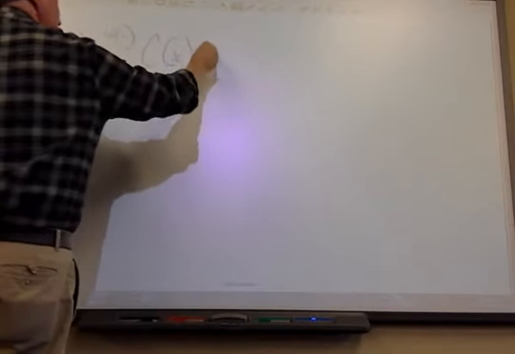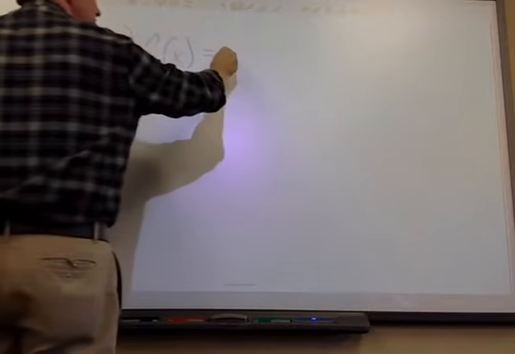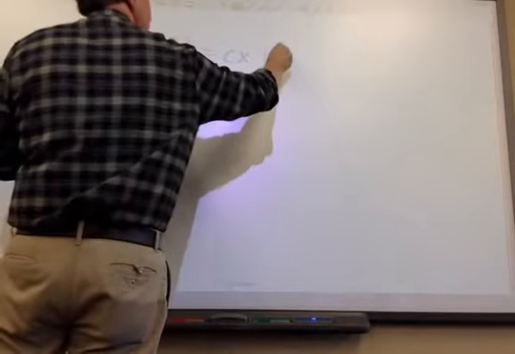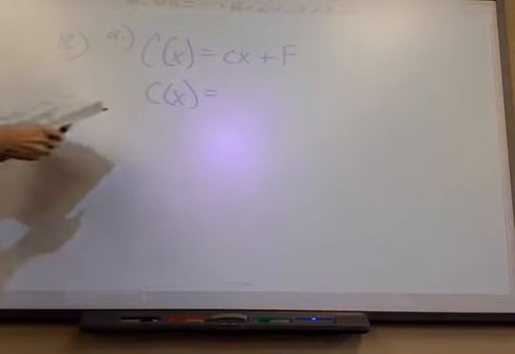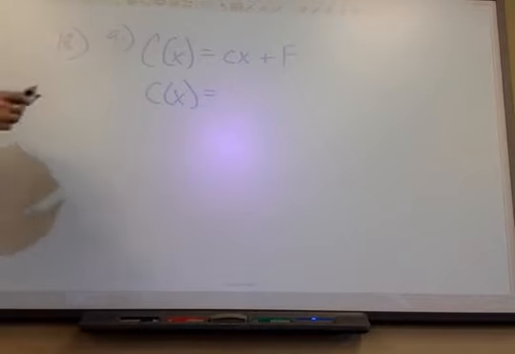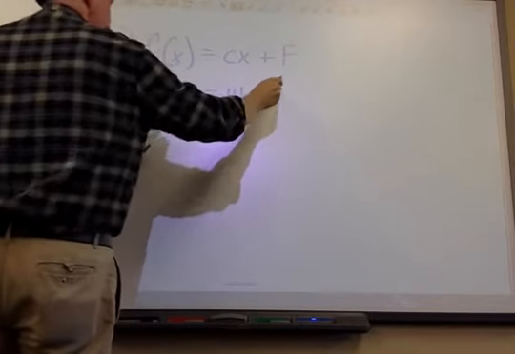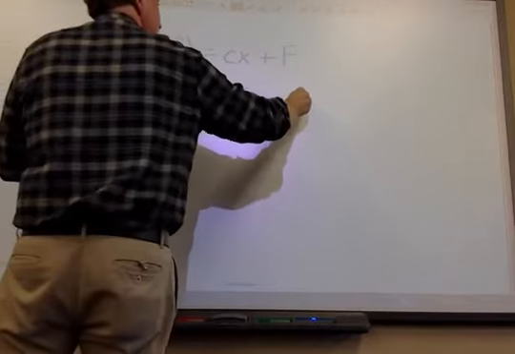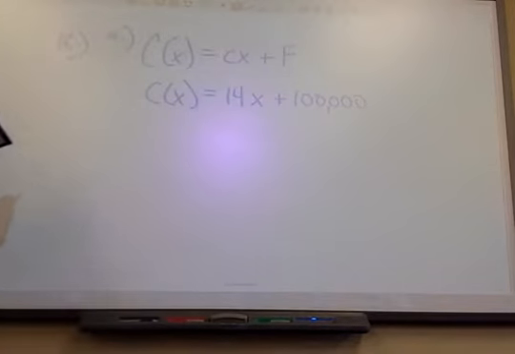C of X is equal to, using that formula, we could plug right in. Cost per unit was 14x, and the fixed cost, 100,000. And that's your cost function.